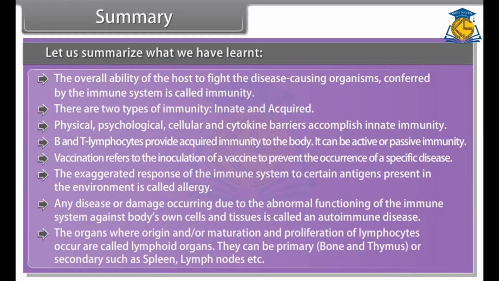The organs where origin and or maturation and proliferation of lymphocytes occur are called lymphoid organs. They can be primary, bone marrow and thymus, or secondary, such as spleen, lymph nodes, etc.